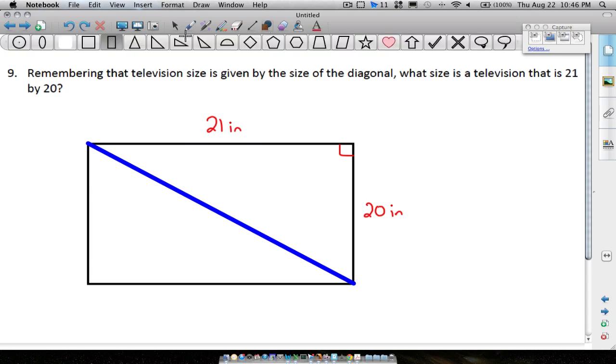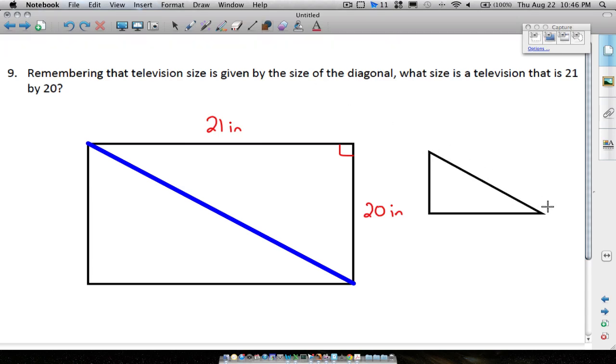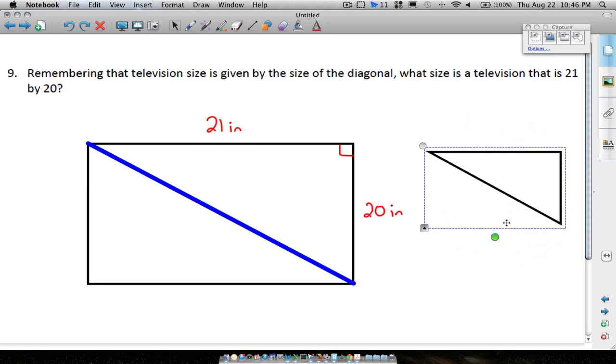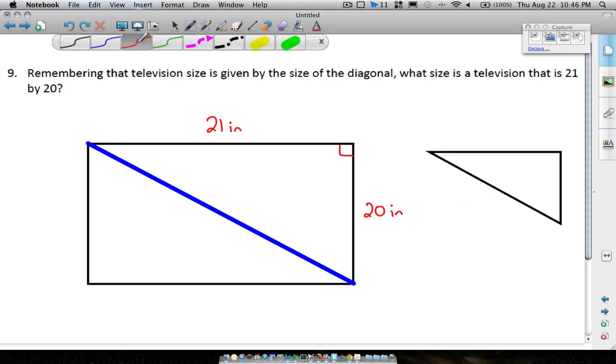And if it's hard for you to see that, we do have a right triangle. Let's flip this thing around. I'm making it a little bit smaller, but there's your right triangle, and I'm just pulling it out to show you right there visually. And we can think of this as being a leg, 20 inches, 21 inches. And this right here, the hypotenuse, we call that the letter C.